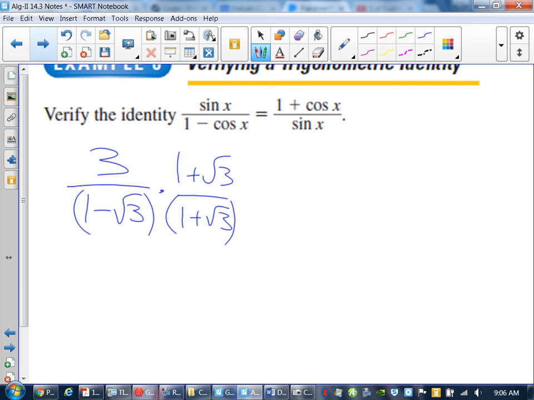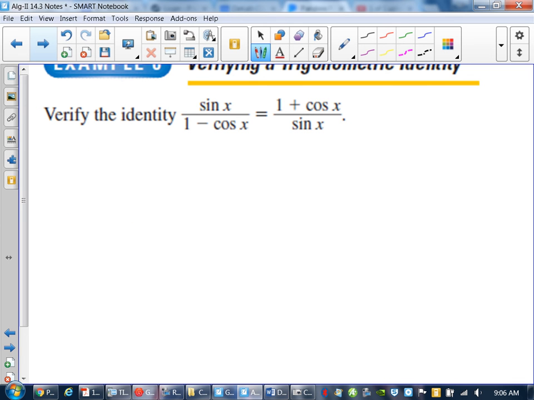It's kind of along the same lines when you deal with trig functions. When I have, in this case, a denominator that has two parts to it with addition or subtraction, one way to get rid of that is to create the multiplicative conjugate of the trig identity. It sounds like a weird way of saying something.